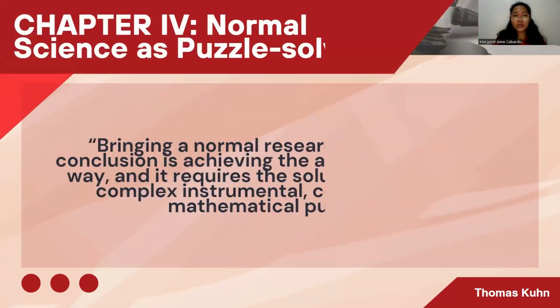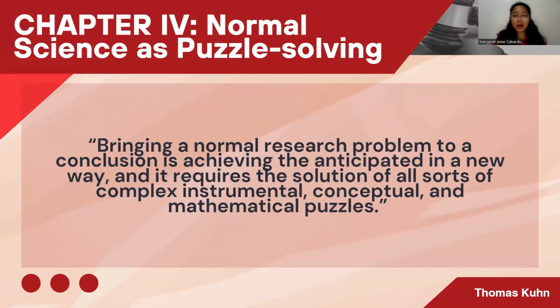Now we move on to chapter 4, Normal Science as Puzzle Solving. It is said that bringing a normal research problem to a conclusion is achieving the anticipated in a new way, and it requires the solution of all sorts of complex instrumental, conceptual, and mathematical puzzles. We all know that normal science consists in the actualization.